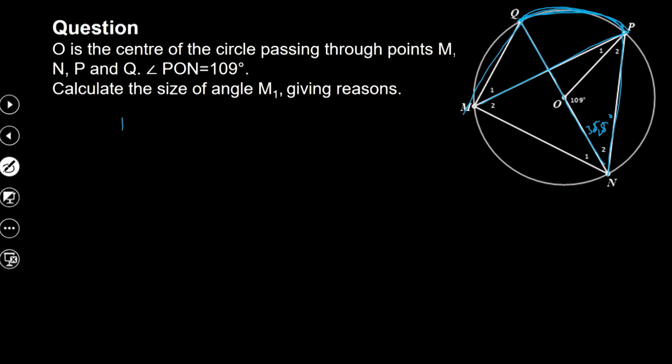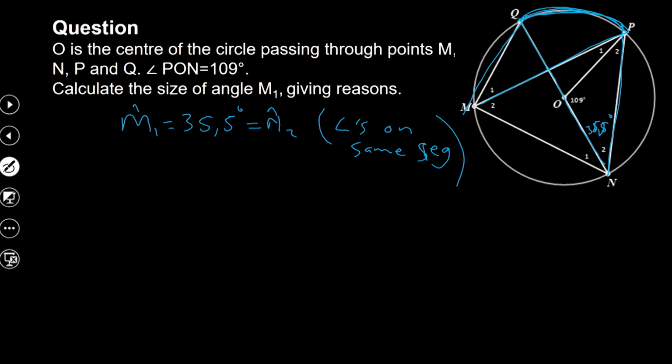So what will you say? You will just say M1 is equal to 35.5 degrees, which is equal to N2. And my reason for this will be angles on the same segment. And you'll be done with that.